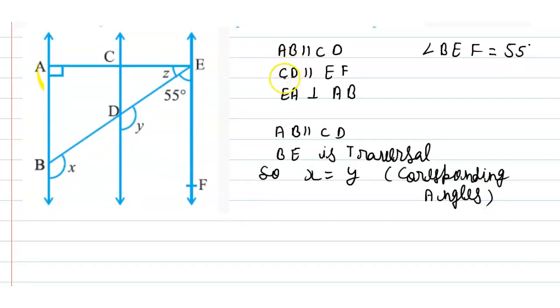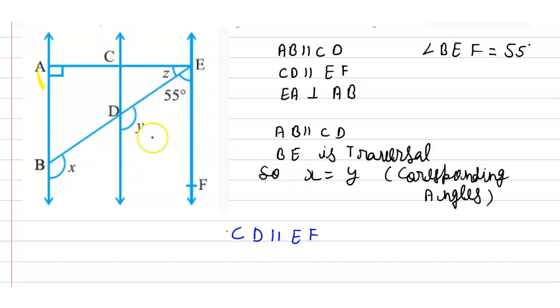So just see for CD parallel to EF. We know that CD is parallel to EF, and here also BE is a transversal.